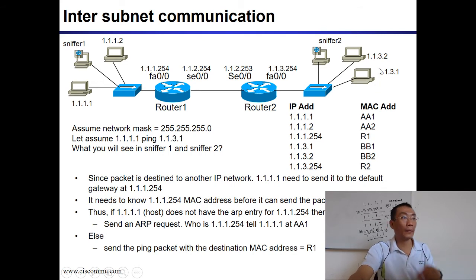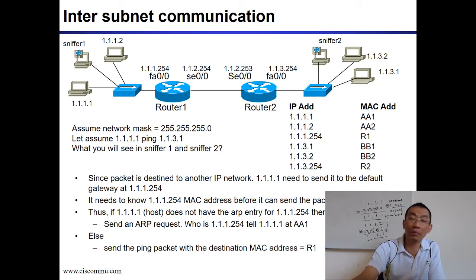Assuming that all your caches are empty, the ARP cache is empty, what you're going to see on this network is, if 1.1.1 does not have an entry for 1.1.254, it will send an ARP request: who is 1.1.254, the default gateway, tell 1.1.1 at AA1. Then you send a ping packet with a MAC address.